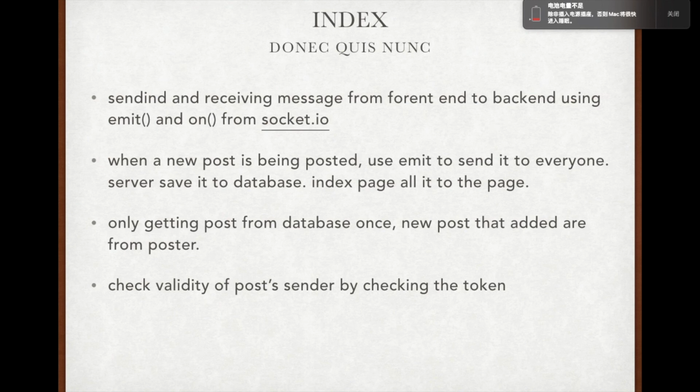And then again, we are gonna check every action before the user does something. We're gonna check the validity of his token to make sure that this is safe. And that will be all of the architecture of our website. Thank you.